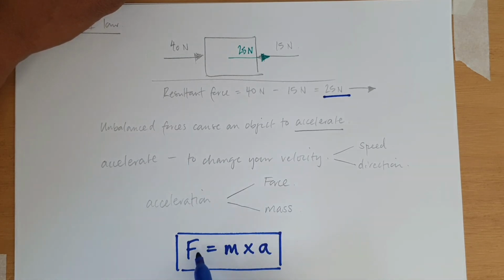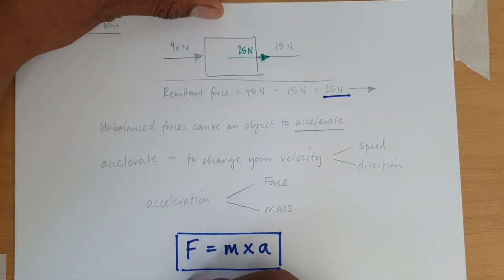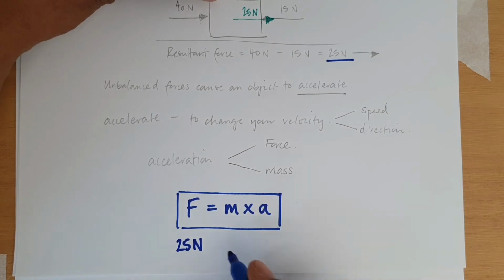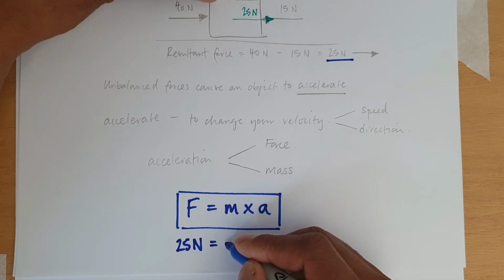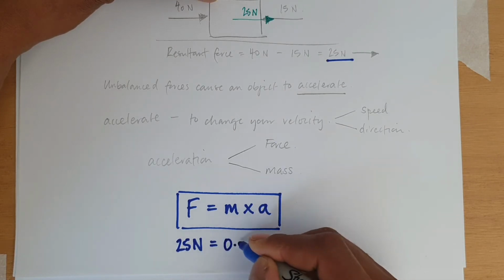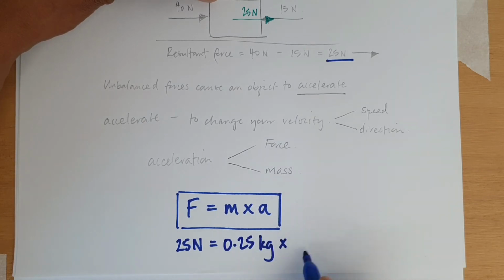So let's say that we've got F, which is 25 newtons. I'll put that here. And we know that the mass of the block is, let's say, 0.25 kilograms. Then I can calculate how quickly it will accelerate.